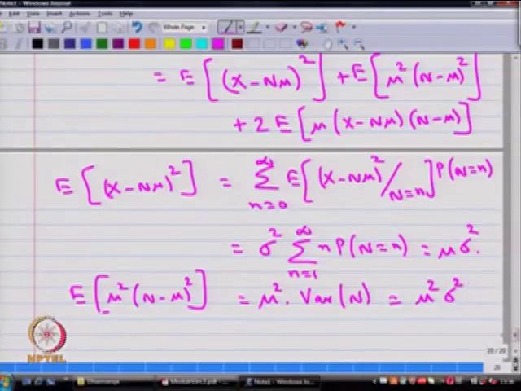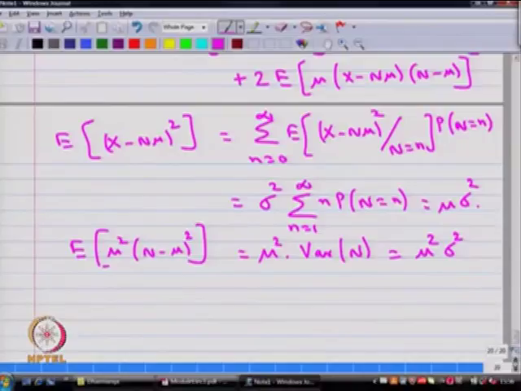Now, we have to evaluate the third expectation, that is expectation of mu times X minus n mu multiplied by n minus mu.